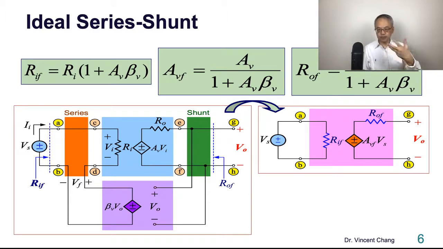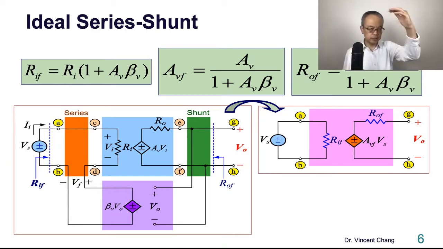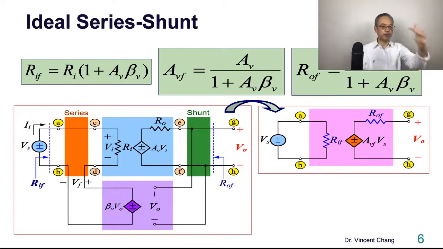Because the series mixing will increase the input resistance and the shunt sampling will reduce the output resistance. But what should you compromise? The gain. The gain will be reduced by the same factor of 1 plus A beta. So it's all about trade-off, all right? But I think you got the concept.